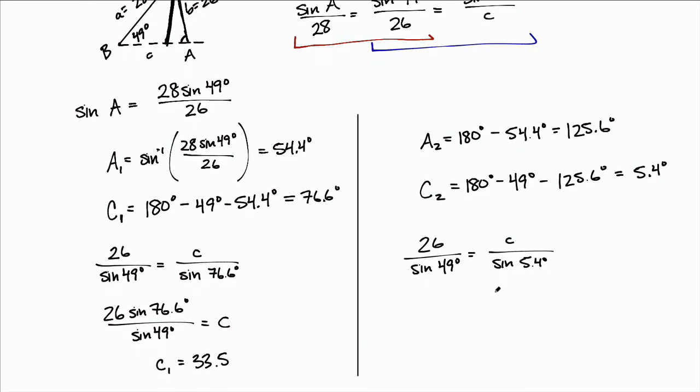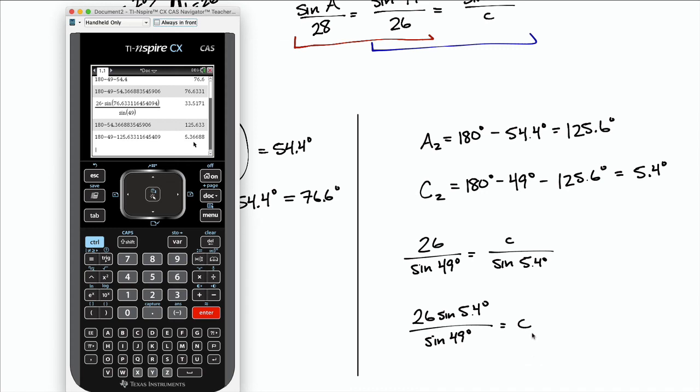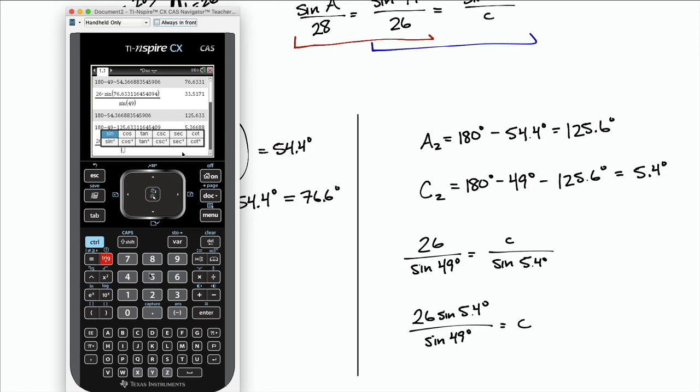And so multiplying by the sine of 5.4, I have 26 sine of 5.4 degrees over sine of 49 degrees equals C. And now I can plug this into my calculator. Again, I'm going to use the non-rounded form here. 26 sine of that angle over sine of 49. And I get about 3.2.